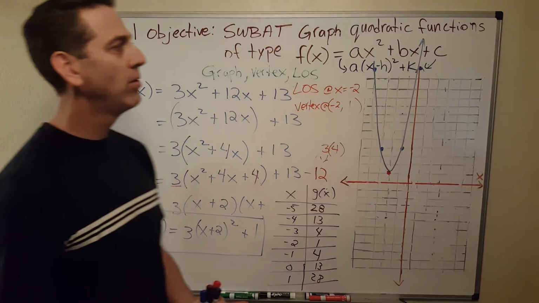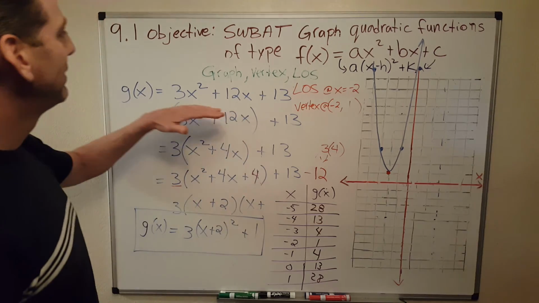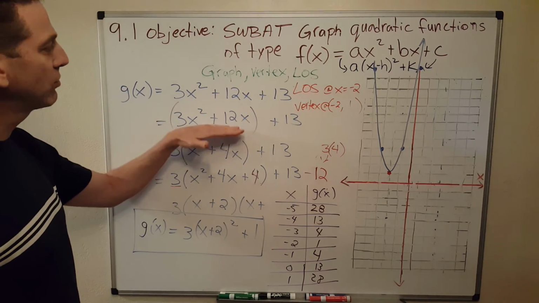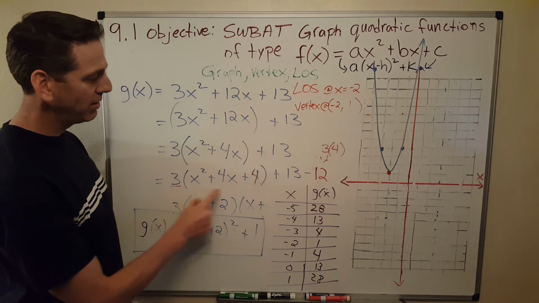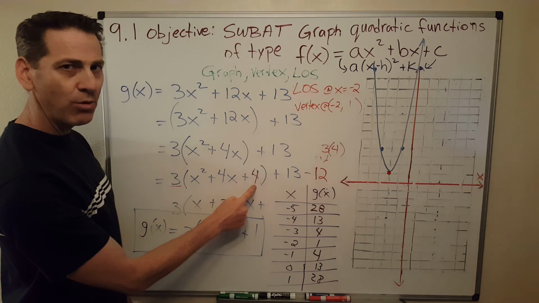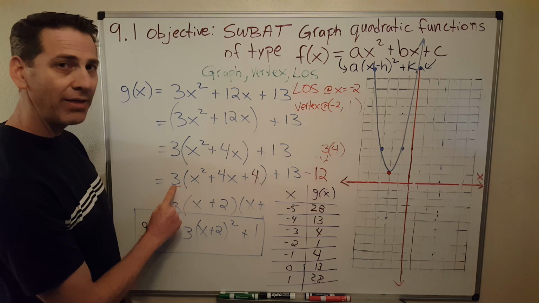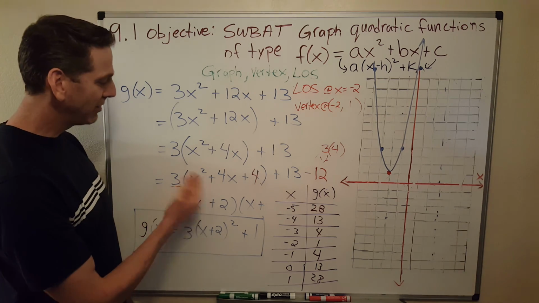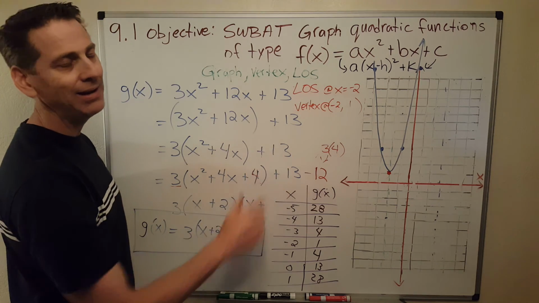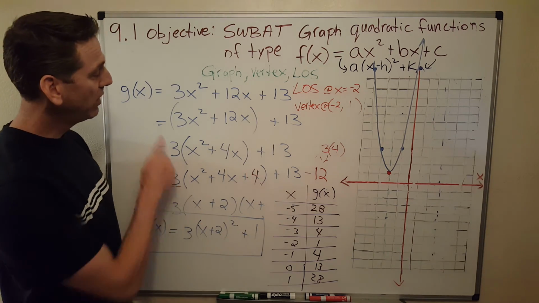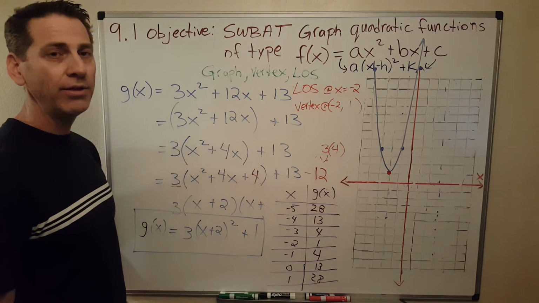All right, so the main thing on this is you have to complete the square. Don't forget, when a is greater than 1, when you add a number right here, you have to multiply it by this number that you factored out to get to that number. That's the biggest difference when a is greater than 1.